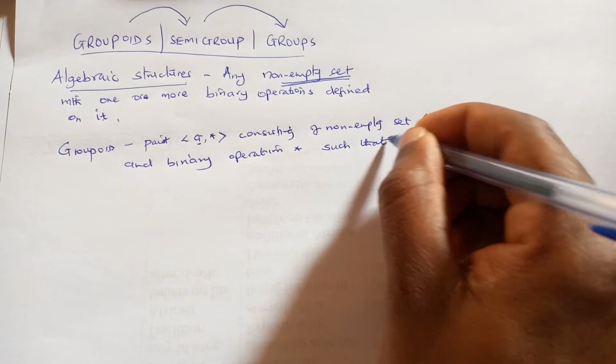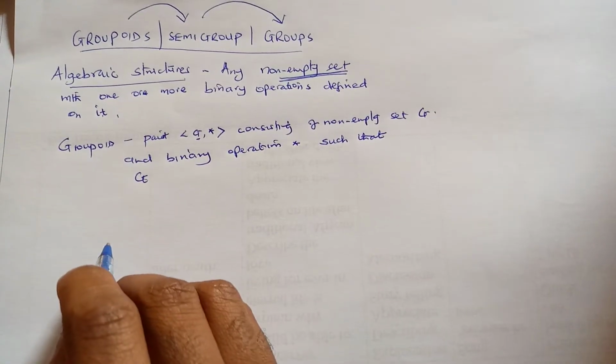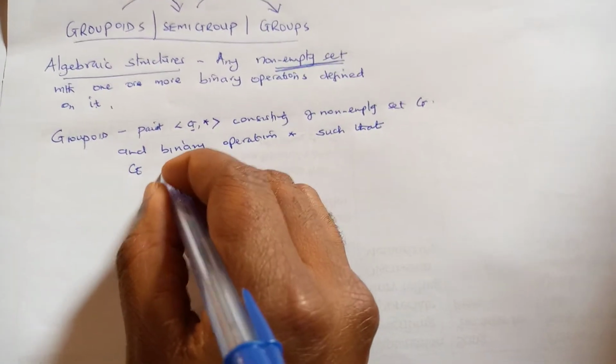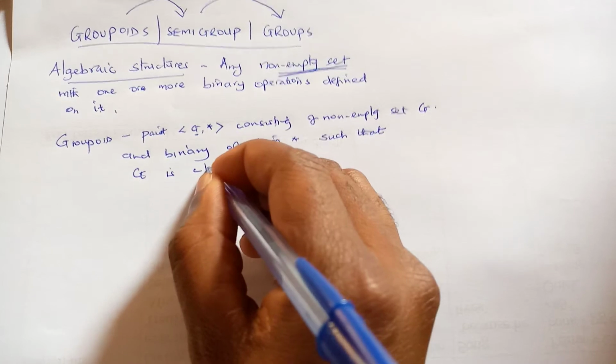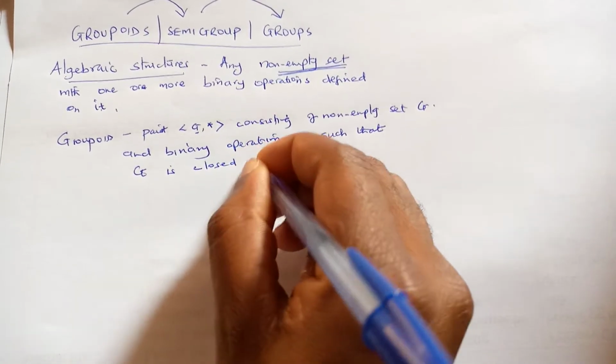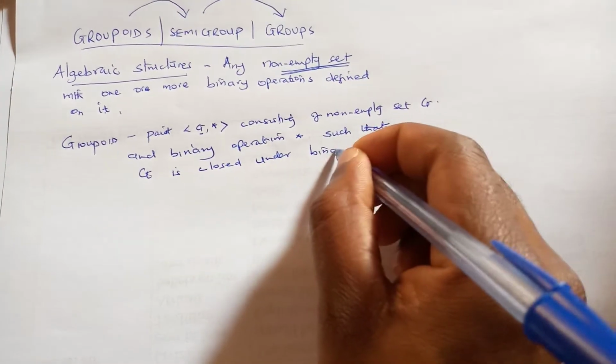this is very key now. The non-empty set G is closed under the binary operation.